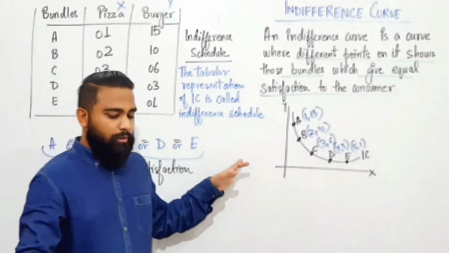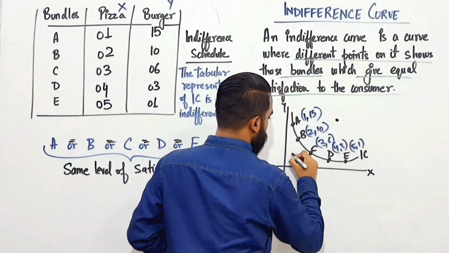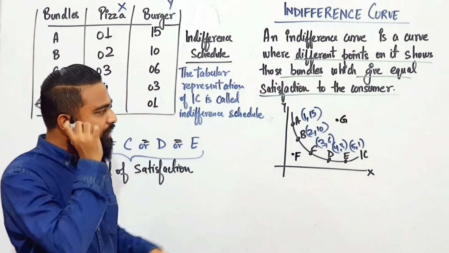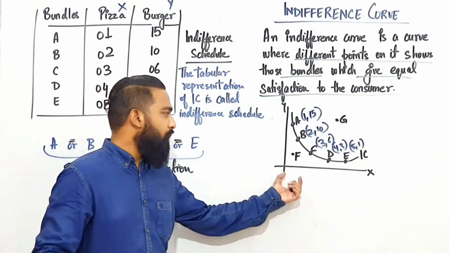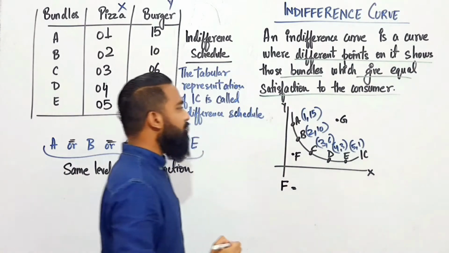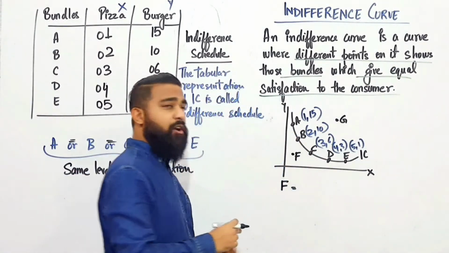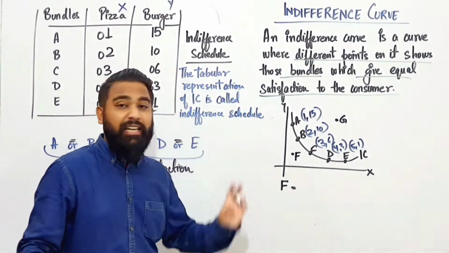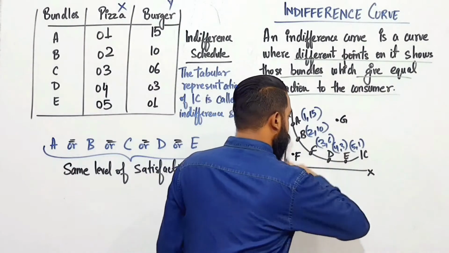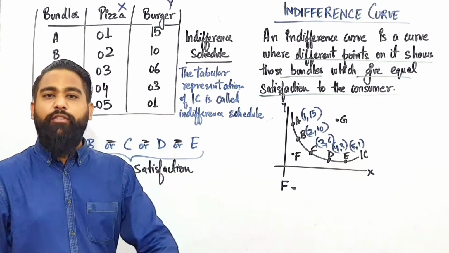Now, if I take 2 more points, point F and point G, what do these points show? Point F shows that you already know on this point the good X and good Y both are going to decrease in the level of satisfaction, because the points which are on the right hand side give more level of satisfaction.